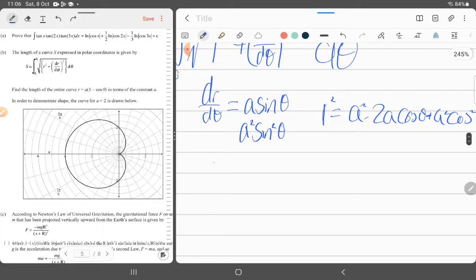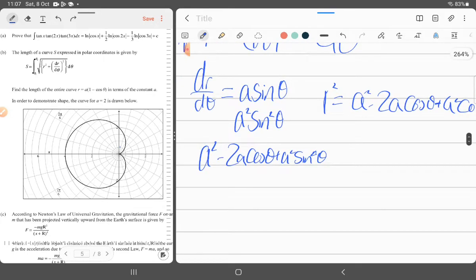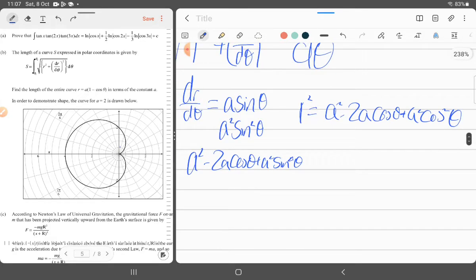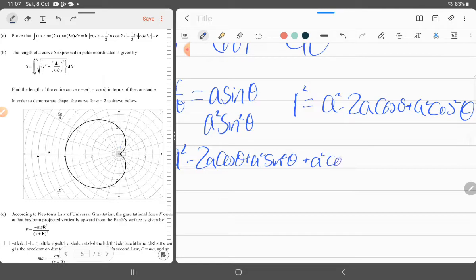So a squared minus 2a cosine theta plus a squared sine squared theta plus a squared cosine squared theta.